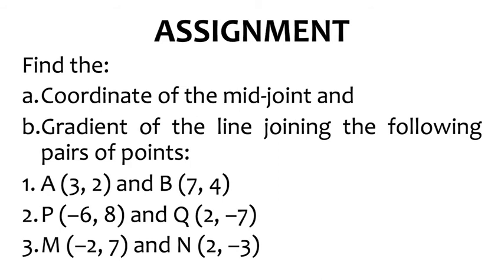Question 2: P is (minus 6, 8) and Q is (2, minus 7). The last question: M is at the point (minus 2, 7) and N is at the point (2, minus 3).